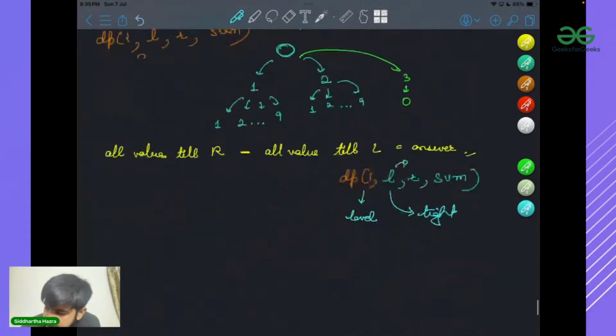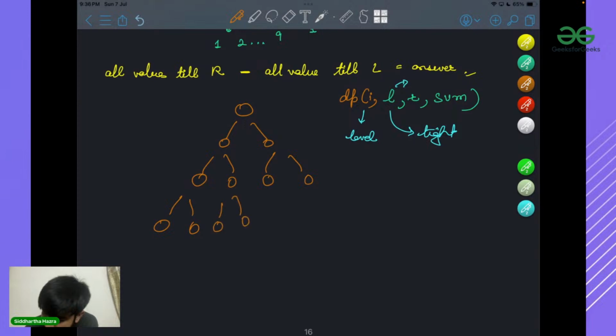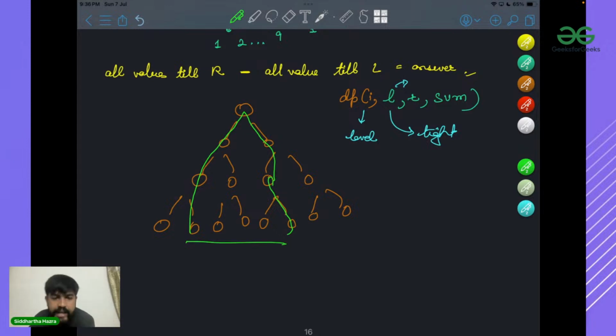Let's have a quick scenario of what this tight basically means. Let's say we have a solution like this, and the solution revolves around this. Let's say the solutions are all the values inside this subtree. If I am at this position, then I am free from left and right.